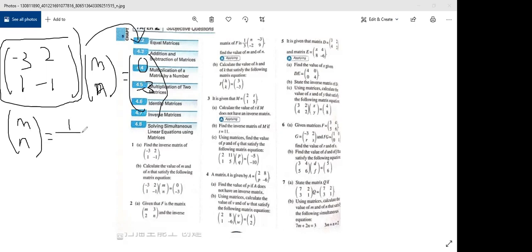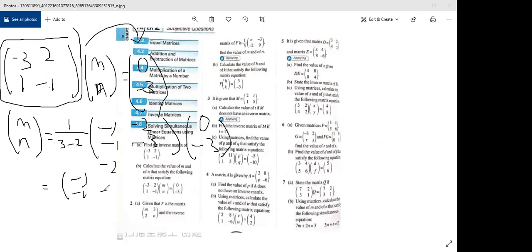As I told you just now, using the formula of the inverse matrix: AD minus BC, then swap places for AD, and positive becomes negative, negative becomes positive for BC. So it's the same. You just copy down the answer for the last one. So you get this one, right?